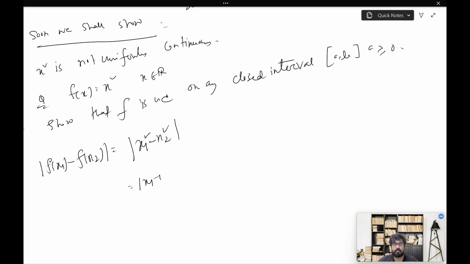This is mod x1 minus x2 into mod x1 plus x2. Anyway, this is less than or equal to b times mod x1 minus x2.